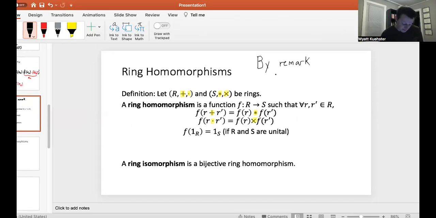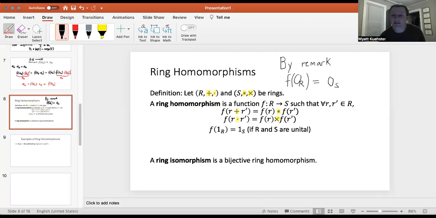And usually, when we're talking about rings, we call them 0_R and 0_S. And by the remark, it follows that f of 0_R equals 0_S. But sometimes in a ring, we might also have a multiplicative identity, which we call 1.